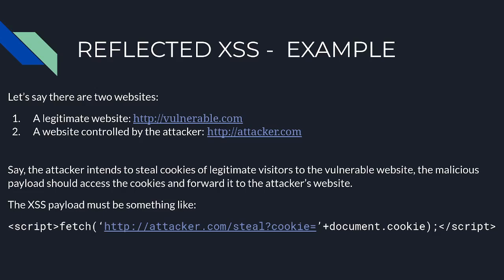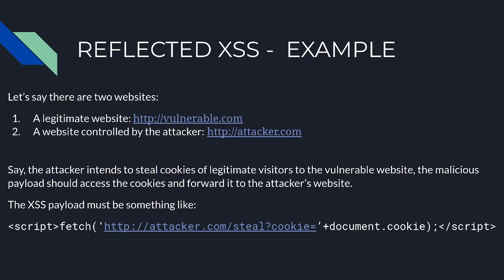So let's look at an example for this. Let's say there are two websites, a legitimate website with this URL and a website controlled by the attacker with this URL. Now, say the attacker intends to steal cookies of legitimate visitors to the vulnerable website. Why would an attacker do this?